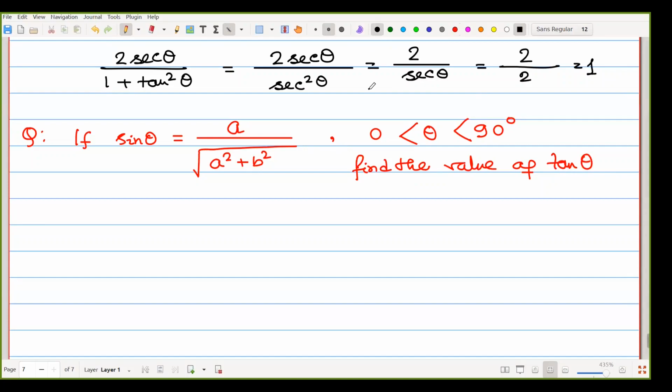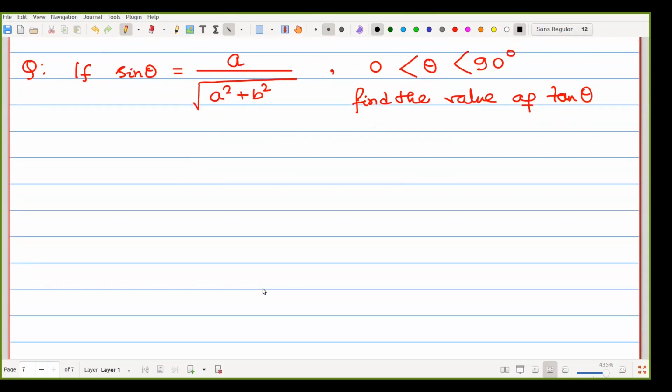So here what we can do, already we have sin theta, that is a by square root of a square plus b square.